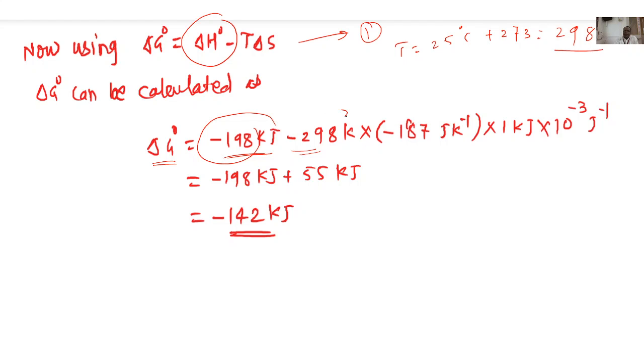What is the formula? Delta G0 is equal to delta H0 minus T delta S0. T is temperature, here 298 degree Kelvin, multiplied by 187.